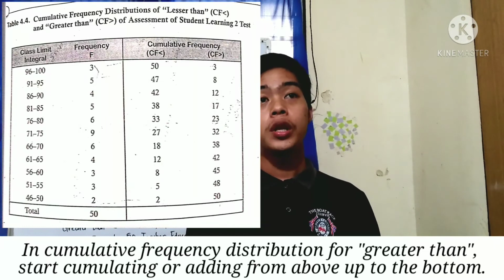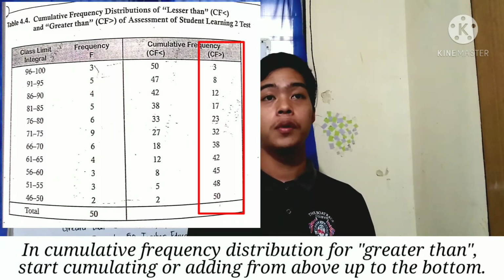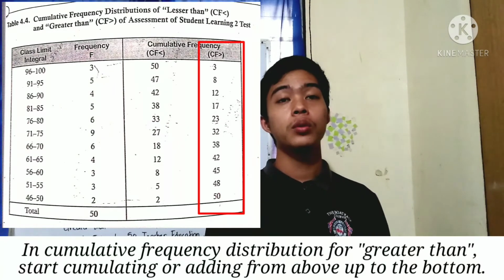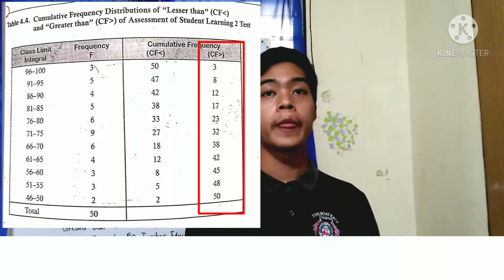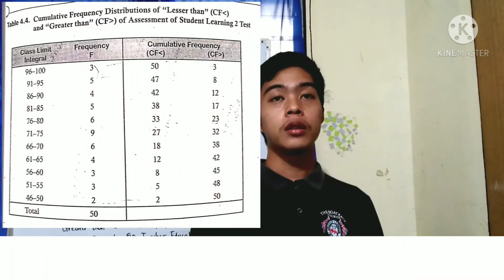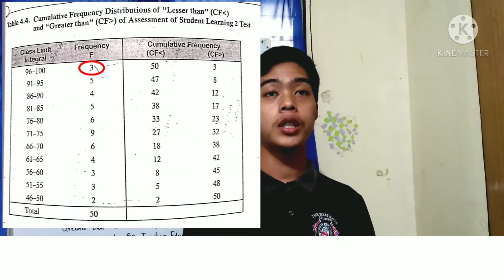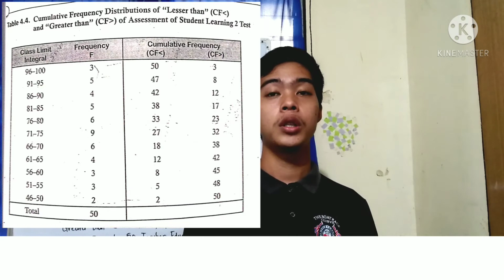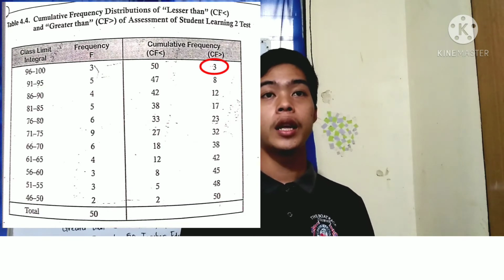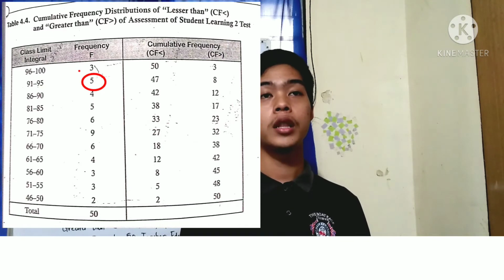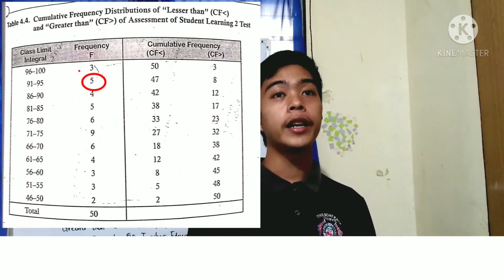Now, in the cumulative frequency distribution for greater than, you will start cumulating, or adding, from the top down to the bottom. So you will just copy the frequency of 3 in the class limit integral 96 to 100. Then for the frequency of 5 in the class limit 91 to 95, you will just add 5.